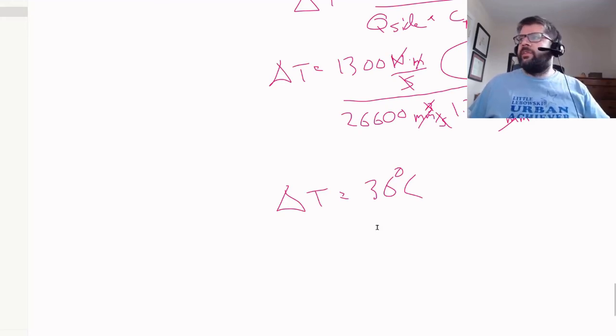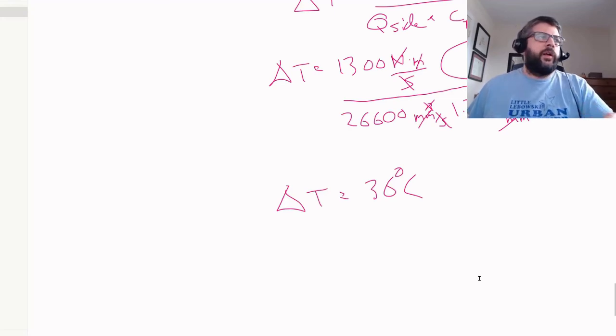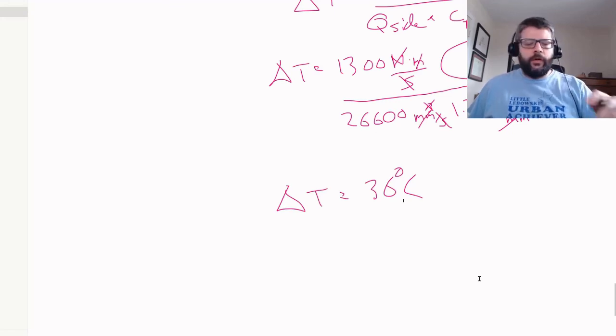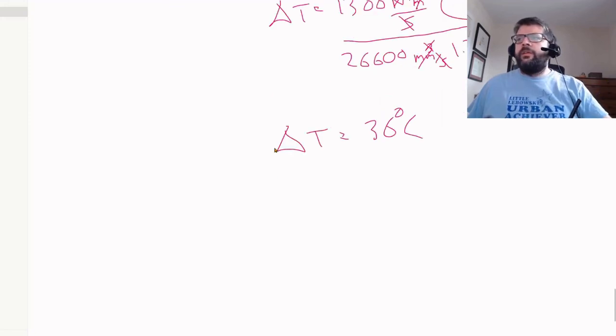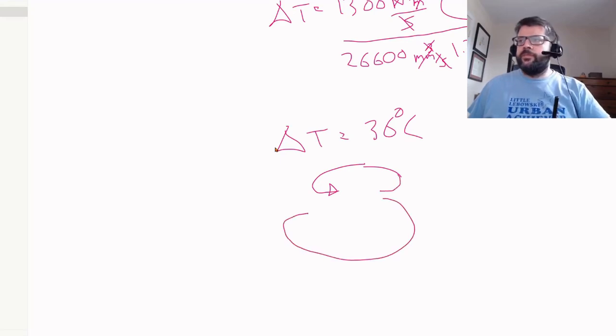So if we want to figure out what the inlet and outlet temperatures are, we need to just keep in mind that the inlet has a certain portion that's coming in at the outlet temperature based upon the fact it's recirculating, and it's got a certain portion that gets cooled by that amount. And then our average in the middle is 82 degrees Celsius.